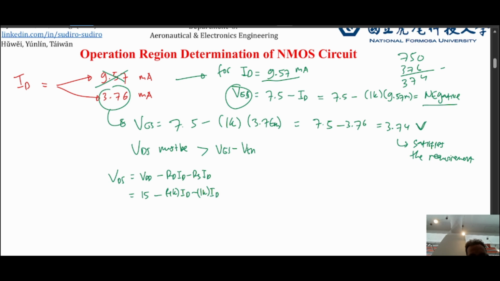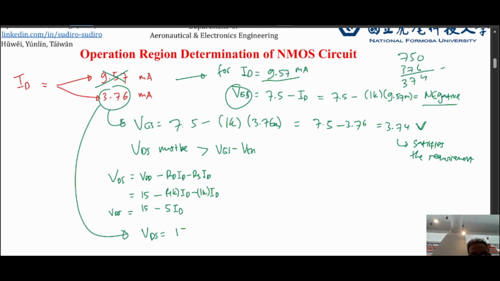We can simplify by removing the K, remembering that ID is in milliampere. So we get 15 minus 5 ID.